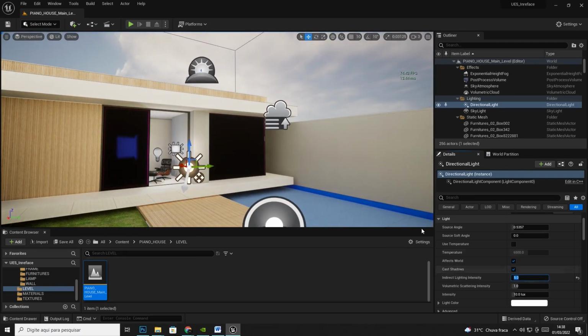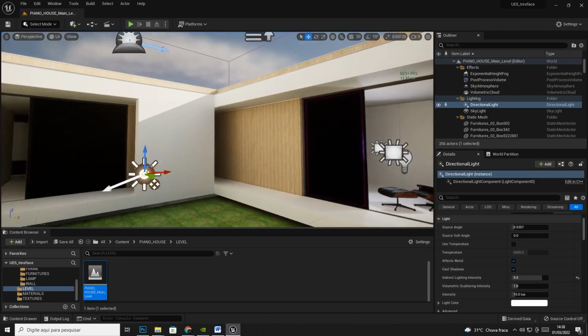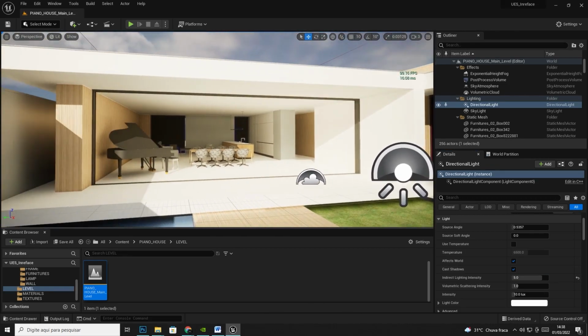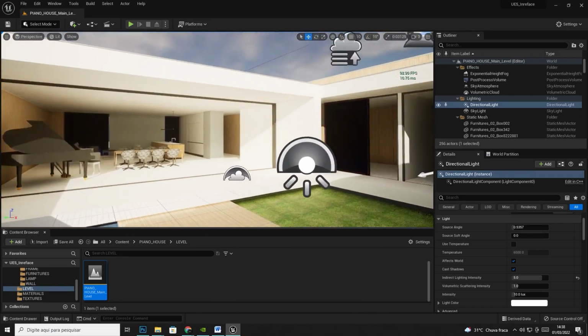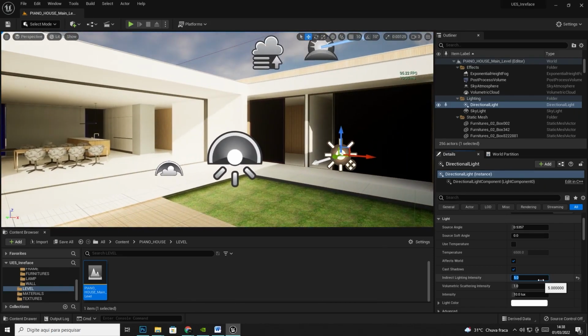Let's put 5. Look, 5 looks great. Looks cool. Yeah, looks good. Or 3. 3. I think 5 is cool.